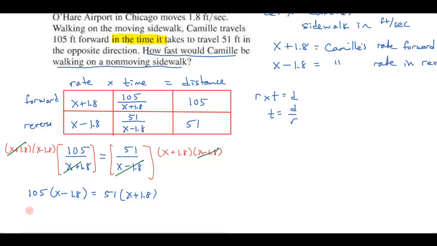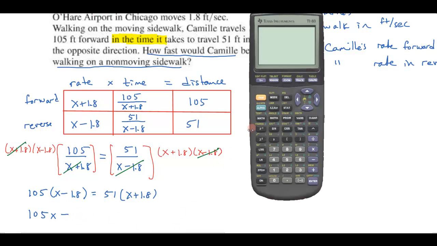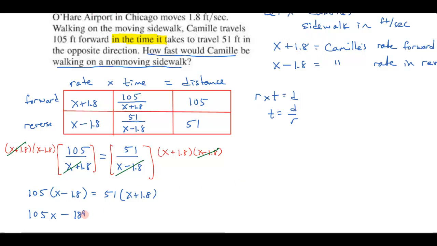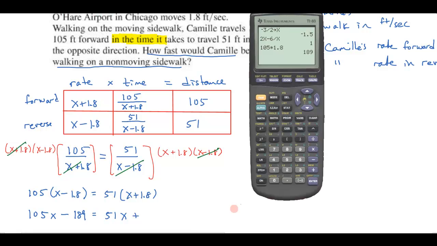Let's solve that very quickly. I'll get 105x minus, I'm going to need my calculator, 105 times 1.8, which gives me 189. On the right hand side I'll get 51x plus 51 times 1.8, which is 91.8.